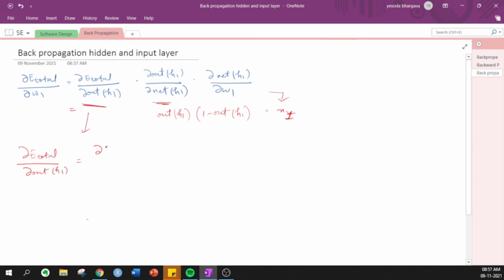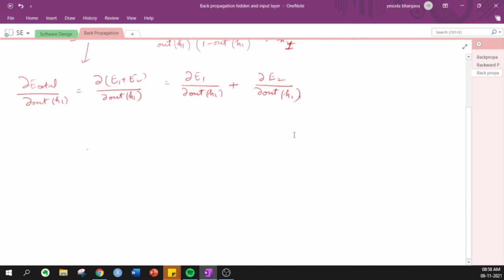So E total with respect to output H1 is nothing but the partial derivative of E1 upon output H1 plus E2 upon output H1. So we'll separate this and compute them separately.